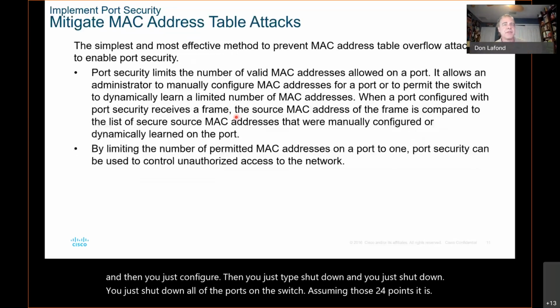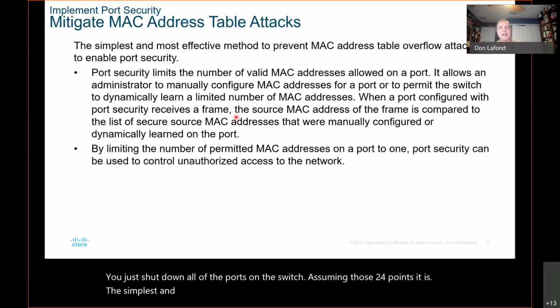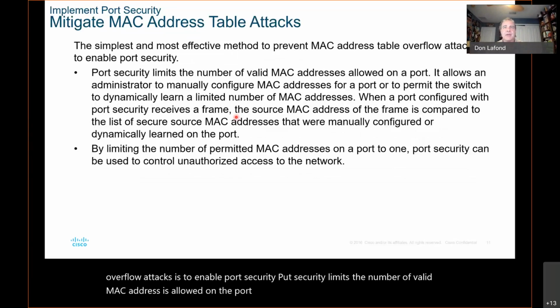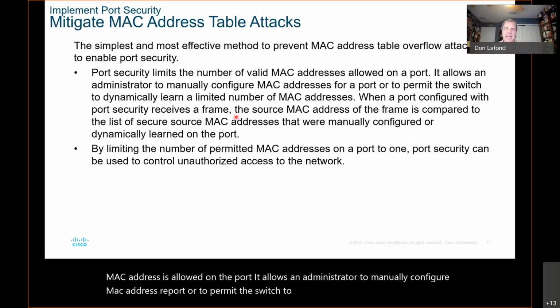The simplest and most effective method to prevent MAC address table overflow attacks is to enable port security. Port security limits the number of valid MAC addresses allowed on the port. It allows an administrator to manually configure MAC addresses for a port or to permit the switch to dynamically learn a limited number of MAC addresses.